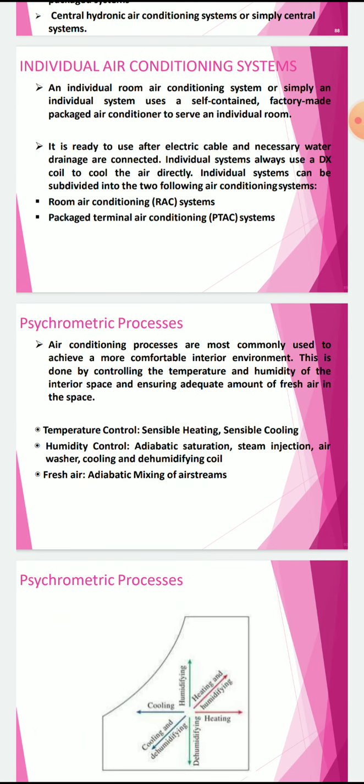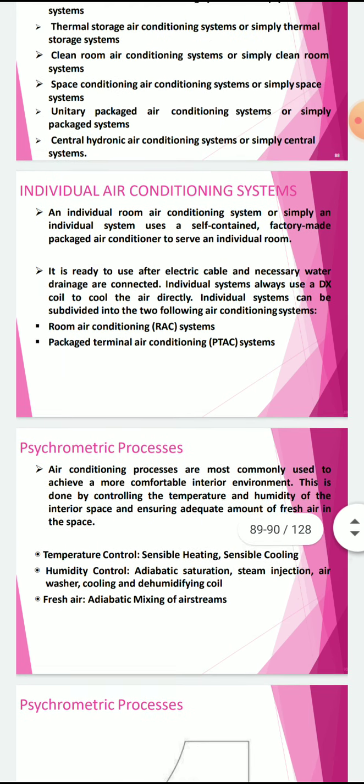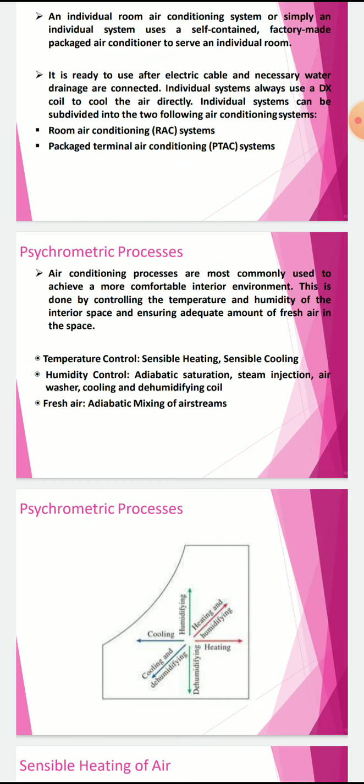Now coming to the psychrometric processes. Air conditioning processes are most commonly used to achieve a more comfortable interior environment. This is done by controlling the temperature and humidity of the interior space and ensuring an adequate amount of fresh air in the space. Temperature control: sensible heating or sensible cooling.